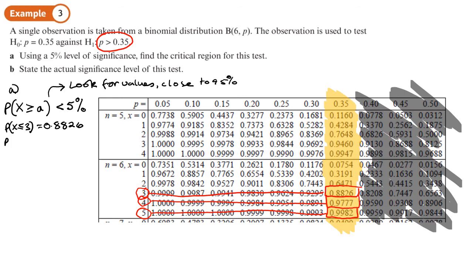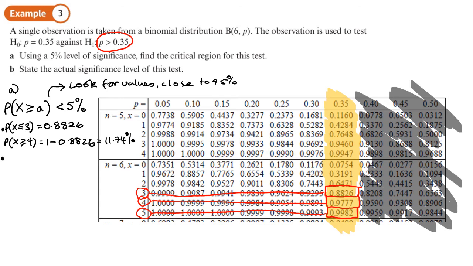So the probability that x is greater than or equal to 4 is 1 minus 0.8826, which is 11.74%.